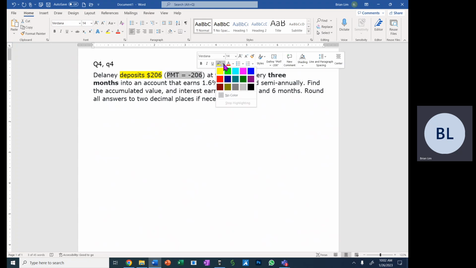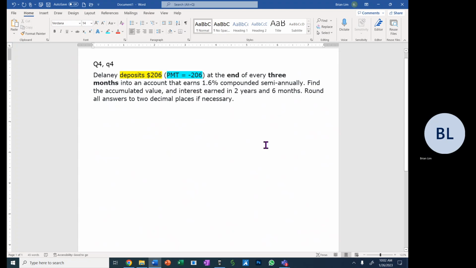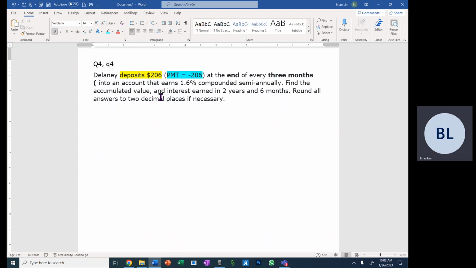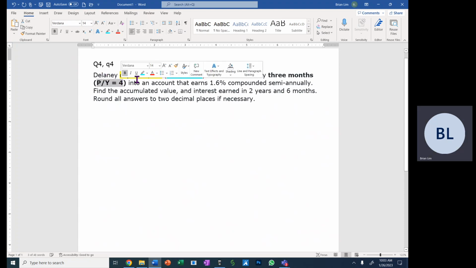That is your choice, but it's recommended. So deposits are made at the end of every 3 months. So for that part, we will have the PY value equal to 4 times per year, end of every 3 months. Correct?